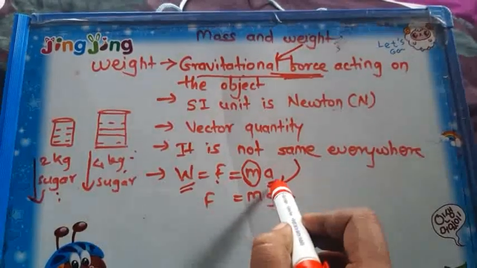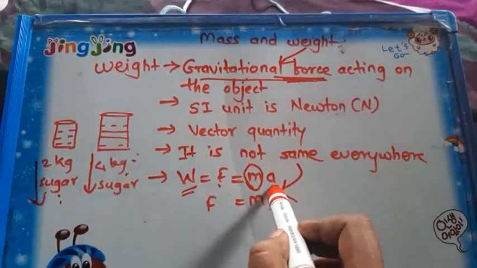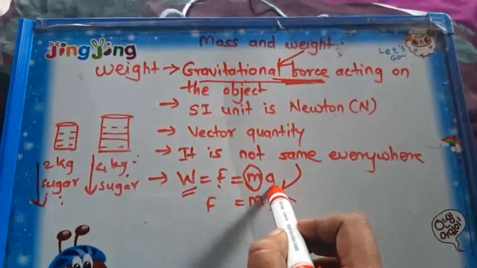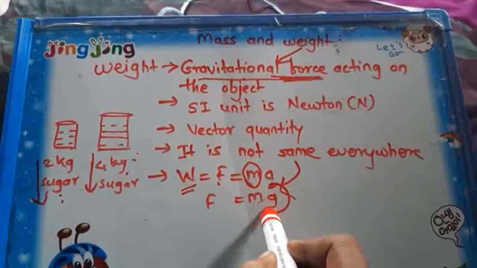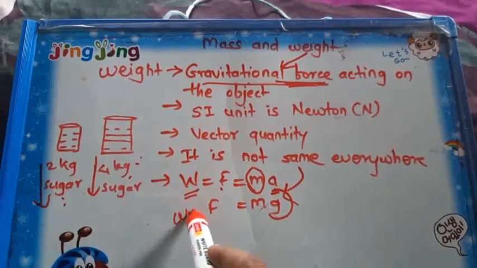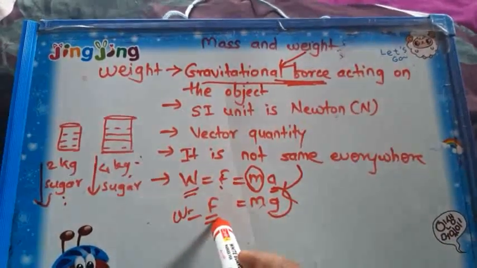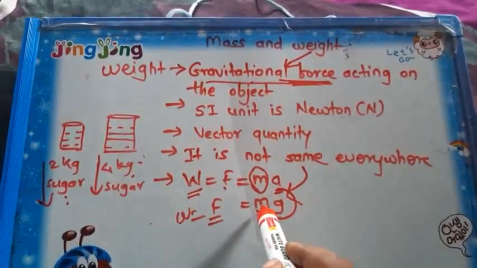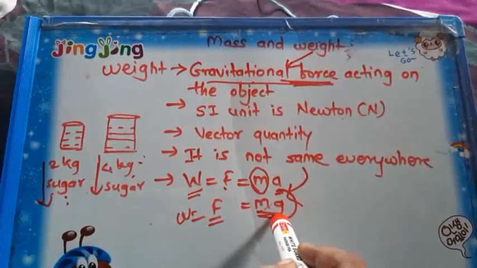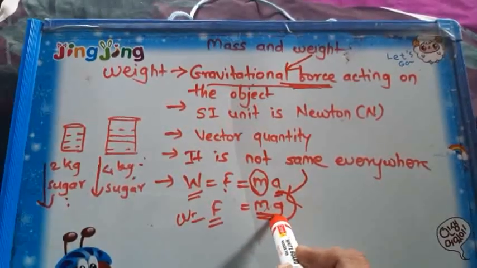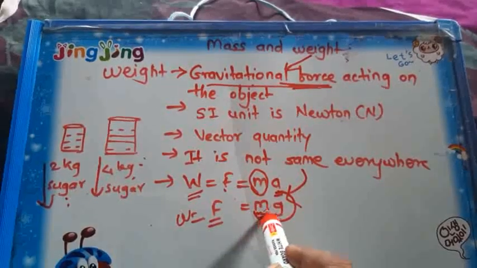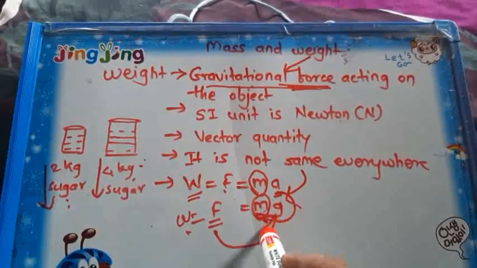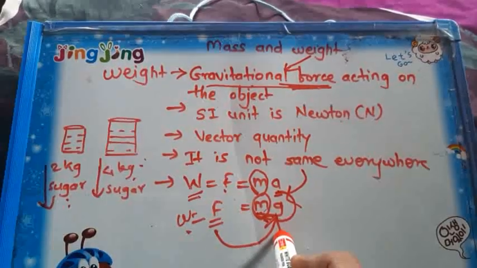Acceleration is the acceleration produced by gravitational force of Earth. That's why this acceleration can be replaced by small g. So weight can be given by the formula mass into acceleration due to gravity. Now if you see this formula, mass is constant. So this weight or force depends only on acceleration due to gravity.